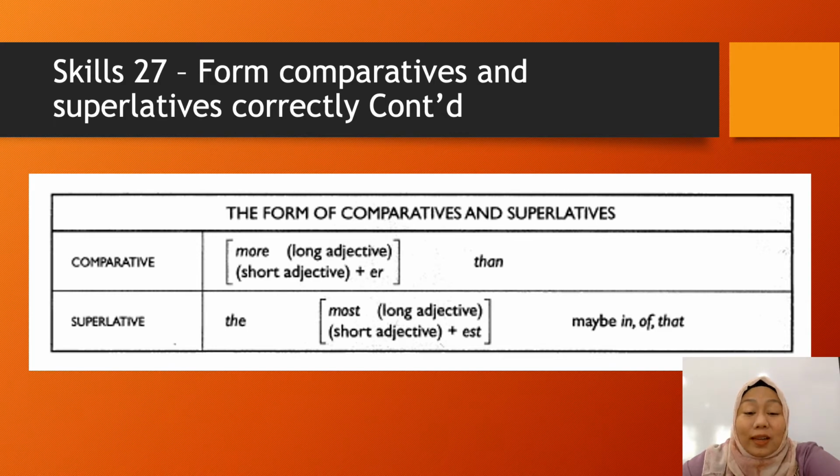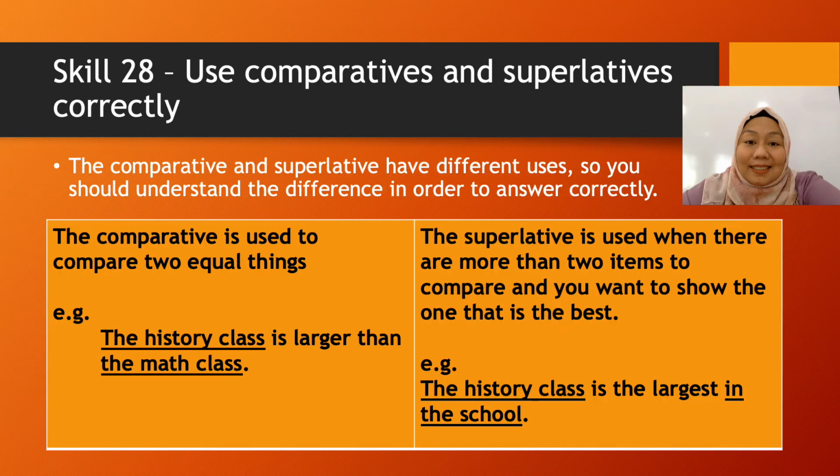Now let's take a look at the next skill, which is using comparative and superlatives correctly. All right, the next skill is skill 28, using comparative and superlative correctly.